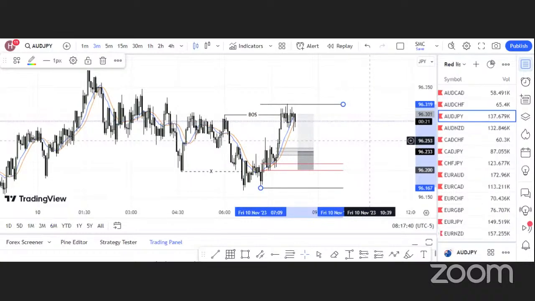So even though you are taking my signal, please always apply proper risk management. It's very important, so that even though we encounter losses, it doesn't affect your account too much.